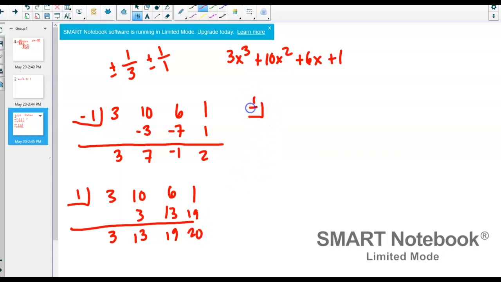So let's go 1/3. So here 3 goes down. I get 1. That gives me 9. That gives me 3, which gives me 9 again. Oops, sorry. This gives me 11. Hold on.